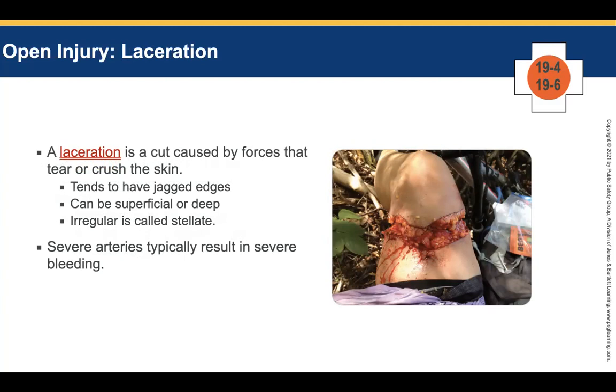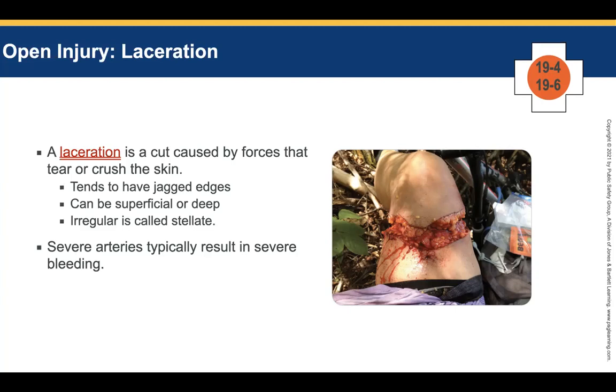You're going to see a lot of blood, not just from the arteries, but veins. What they're showing there in the picture is a big laceration, and you can see on the outer edges some muscle tissue, fatty tissue.